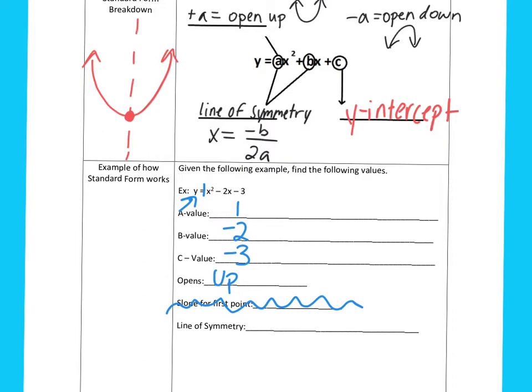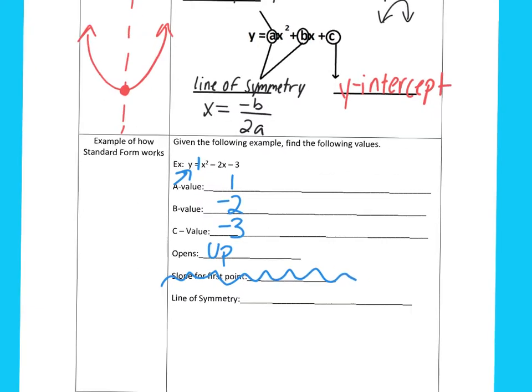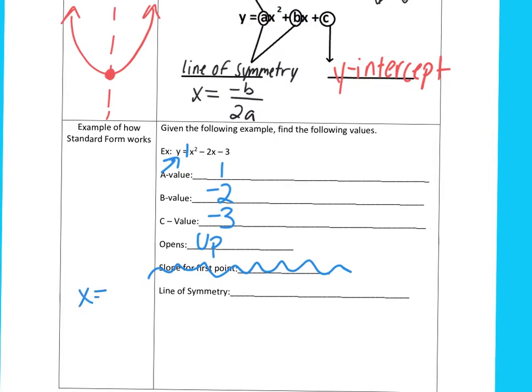Then we have our line of symmetry, okay? Our line of symmetry, we said, always, always, always is x equals negative b over 2a. So what's b? Yep, it'd be a negative 2, which is a positive 2, over 2 times 1, because that's A. So like Claire said, positive 2 over 2 times 1, which is 2.